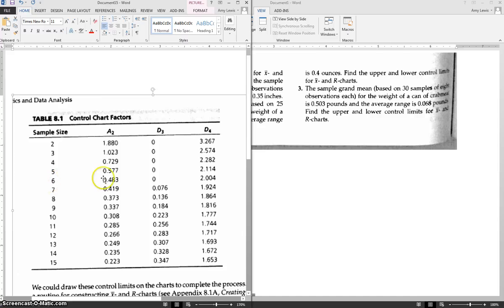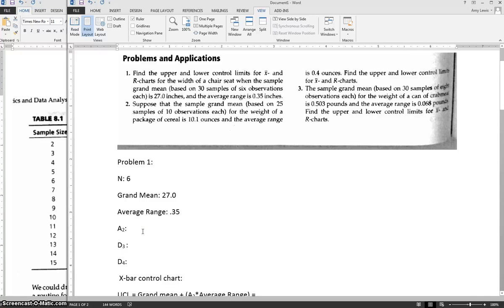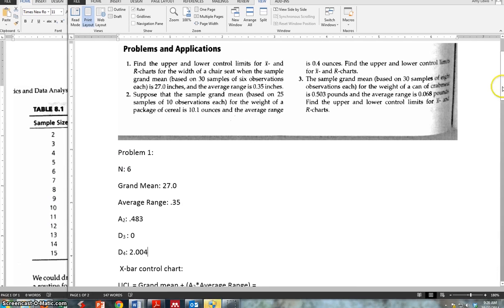So I just make sure I get the right line for my sample size, and those are my control chart factors. So back over here, I'm just going to move those over. Again, A2 is 0.483, D3 is 0, and D4 is 2.004. Now that I have these pieces of information filled out, I can go ahead and just do the arithmetic for my control chart.